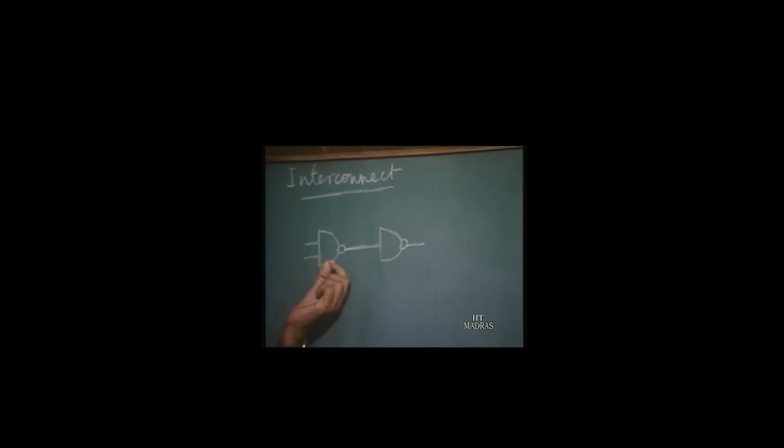Normally, we expect that the signal at the input of the gate which is being driven is identical to the signal at the output of the driving gate. That is, we assume this is a short circuit and there is no difference between the input of this gate and the output of the other gate. But it is not always true.